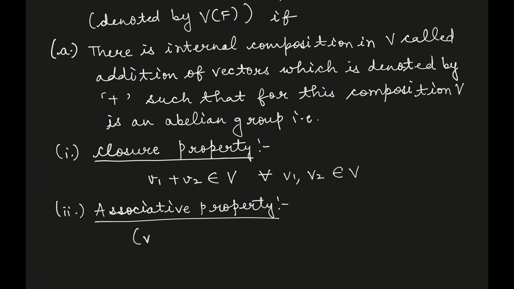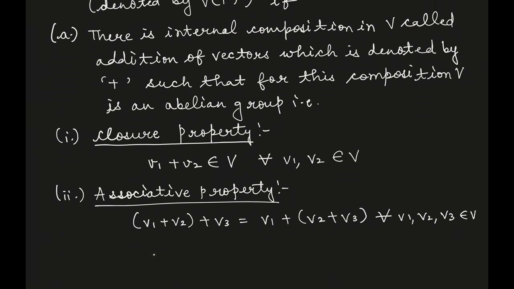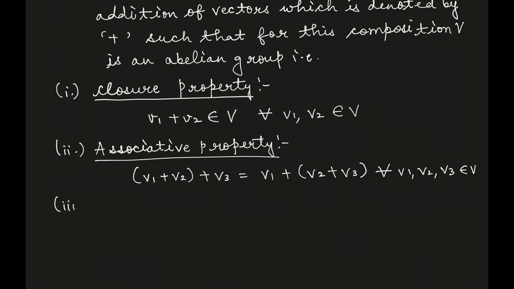If I add v1 and v2, then I add v3, it is the same as v1 plus (v2 plus v3). Third property, existence of additive element.